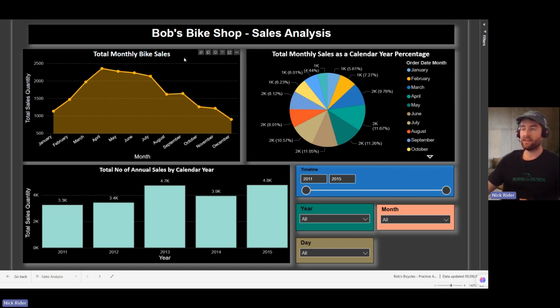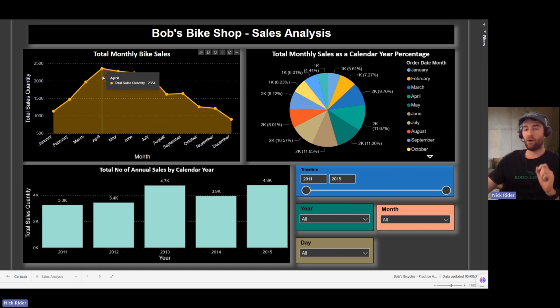So as we can see over here on the left-hand side of the screen, we've got the total monthly bike sales here, and we can see that throughout the period of 2011 to 2015, Bob sold the majority of his bikes in the month of April.